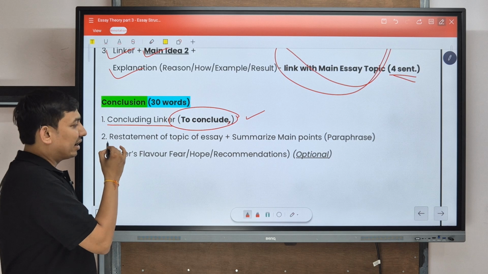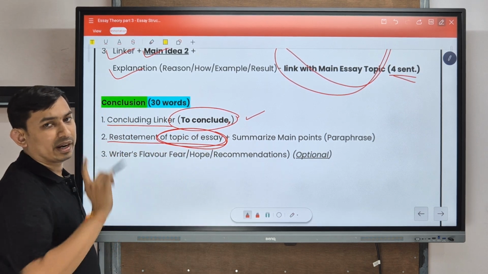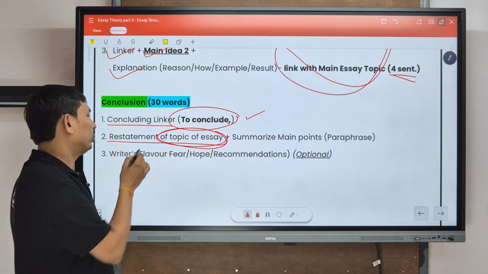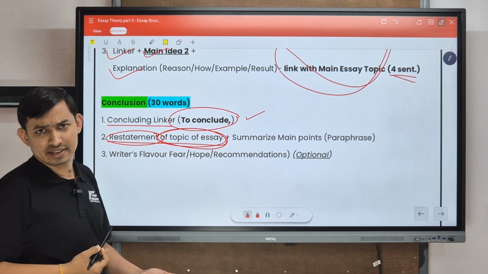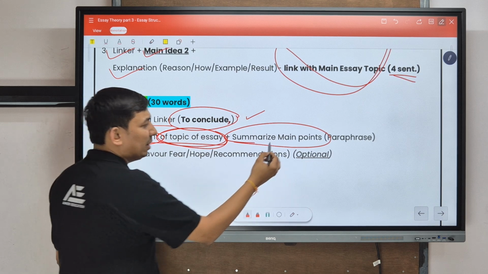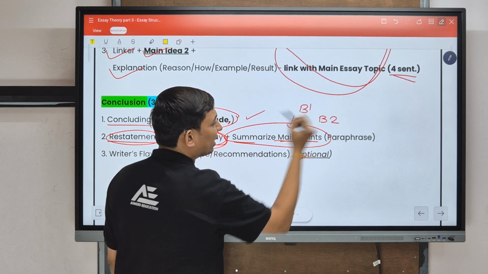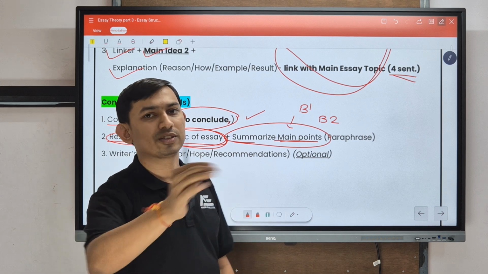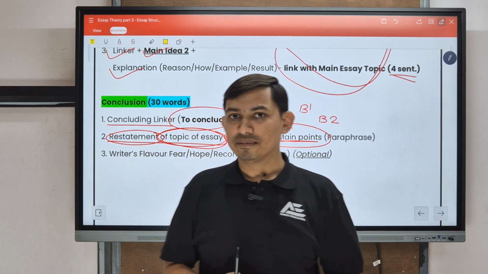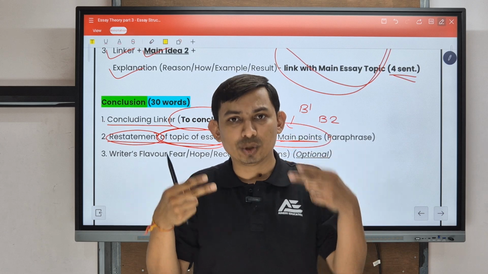Then the restatement of the essay topic. Essay topic means whatever we have written in the introduction, we have to restate, meaning paraphrase, simple. And summarize the main points. The main points are written in body paragraph 1 and body paragraph 2. For example, cause and solution: in body para 1 we have given 2 causes, in body para 2 we have given 2 solutions.